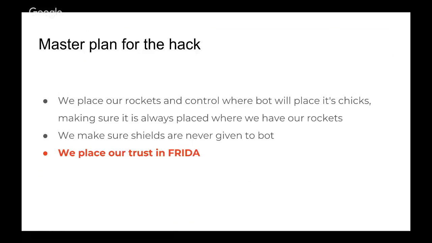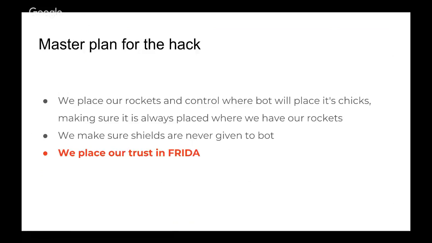If you remember a while back, I was saying it is counterintuitive to what we were thinking. The bot doesn't place its chickens first and then allow you to put your rockets. It is the other way around. You put your rockets, and then the bot randomly decides which specific grid locations it should put its chickens in. That happens only after you have placed your rockets and clicked on the ready button.